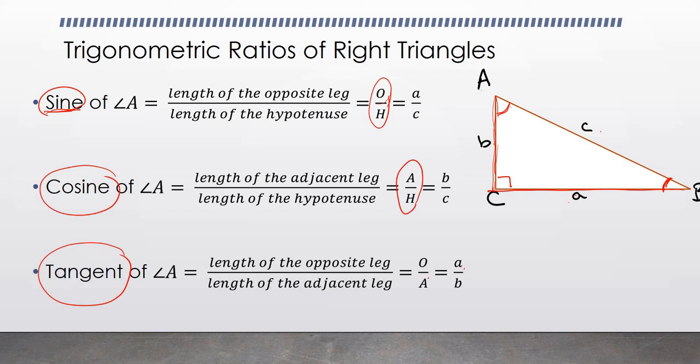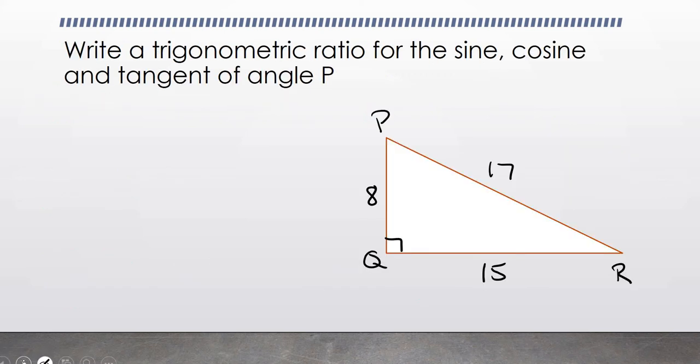And the tangent of any angle is the opposite over the adjacent. So these need to be memorized, and I will give you in class an easy way to remember sine, cosine, and tangent. But for right now, the sine of any angle is its opposite side over the hypotenuse side. It's a ratio. The cosine of any angle is the adjacent over the hypotenuse, and the tangent is the opposite over the adjacent.